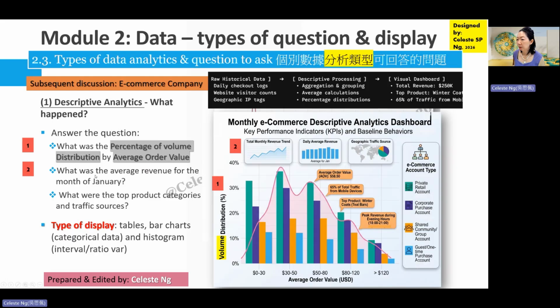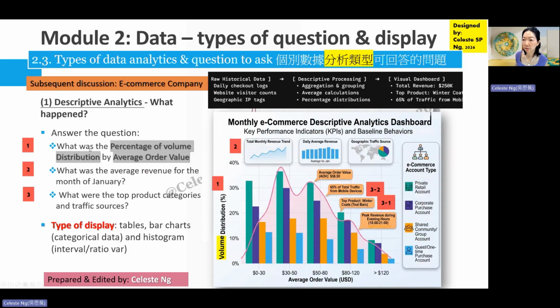We can simply use our daily transactions information to describe what happened, using descriptive analytics. And this chart is a map chart. It shows us the geographical traffic coming to this e-commerce website.